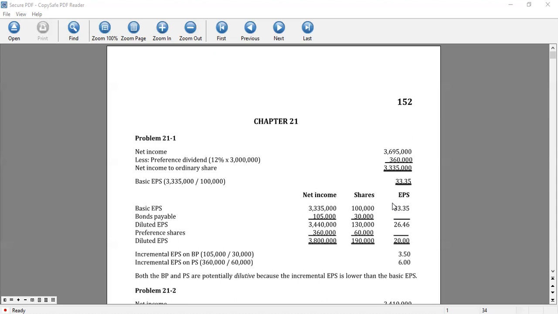And so we have 1.5 million bonds payable. Divide this by 1,000, we have 1,500 and we multiply by 20. So we get the bonds payable shares converted resulted to 30,000 ordinary shares.